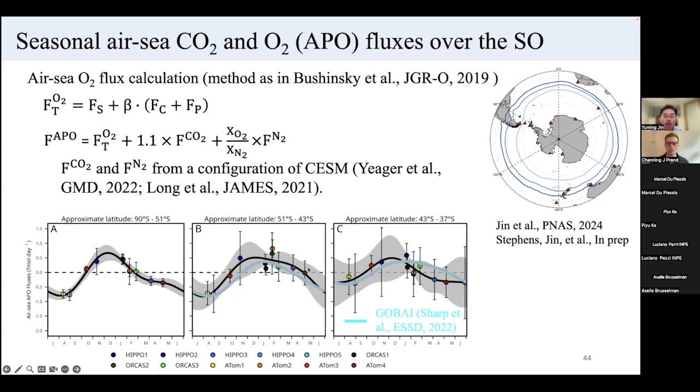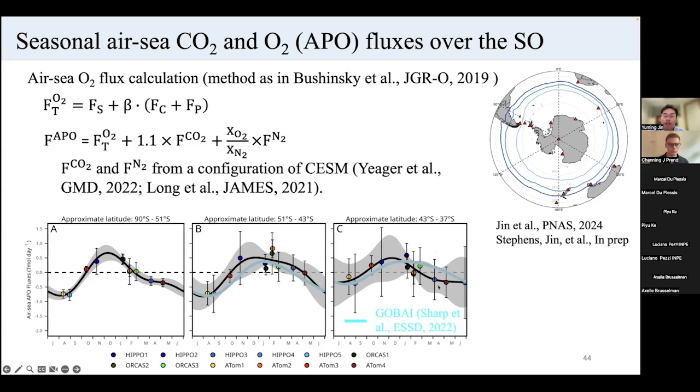So I put the GOBAI flux cycle in blue. I couldn't resolve a flux in the highest latitude because GOBAI is missing data further in the ice zone. But at least in the mid latitude here, you would see GOBAI agrees with our airborne observation, and here it also agrees well, but clearly shows a later phase and a later transition from oxygen outgassing to oxygen uptake.